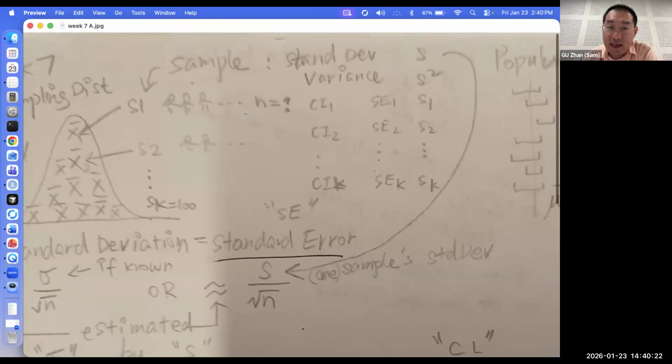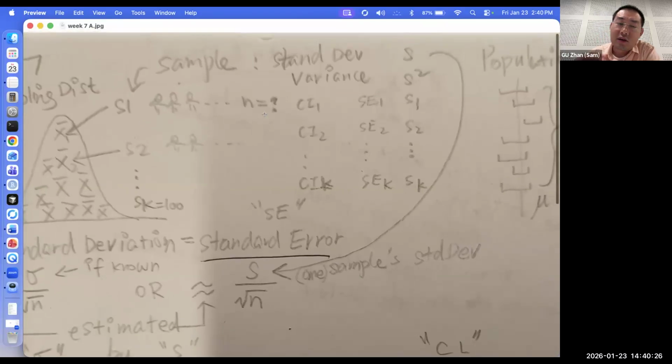Let's say n equal to 30, so there are 30 individuals, right? So out of these 30 measurements, we can find the sample standard deviation, which is written as S. So S is the standard deviation of the first sample.